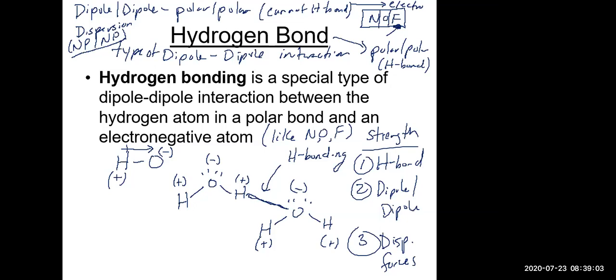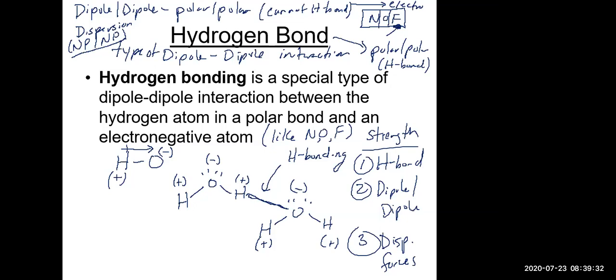So you may ask yourself, what really is the difference between all three of these, in the sense that aren't they all essentially just positive and negative attractions? And they are. All of these are ultimately the positive side of one and the negative side of another. But the major difference, especially between hydrogen bonding and dipole-dipole interaction versus dispersion forces, is that in dispersion forces it's temporary.